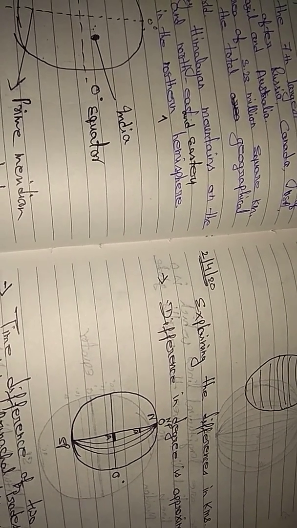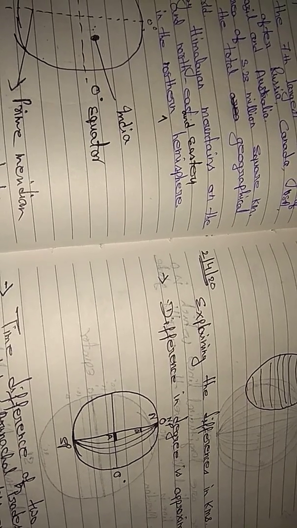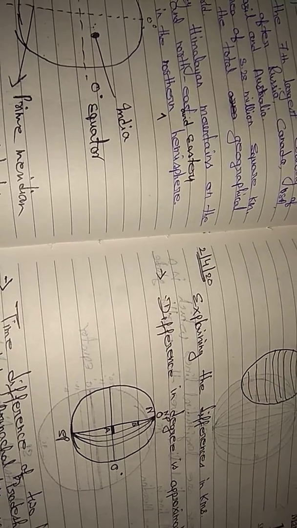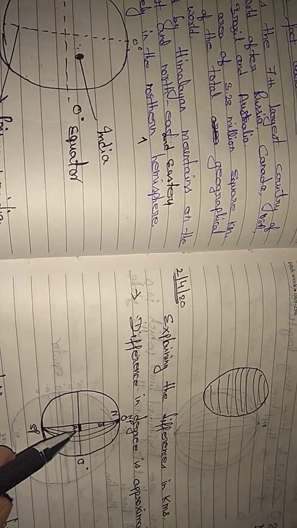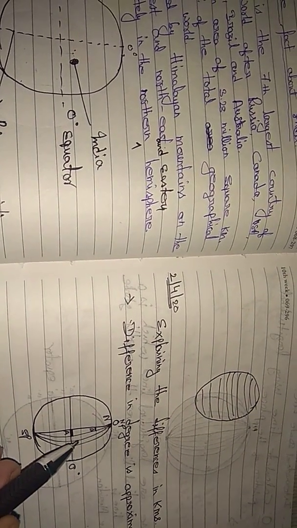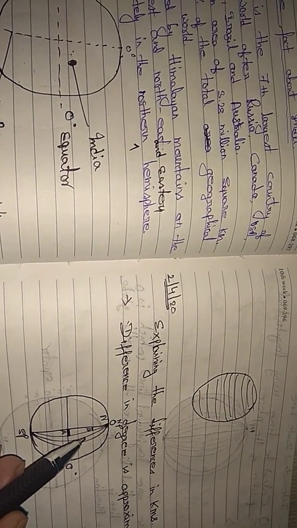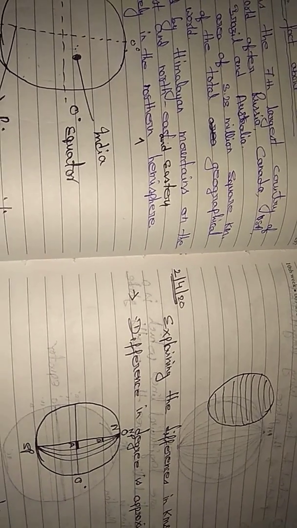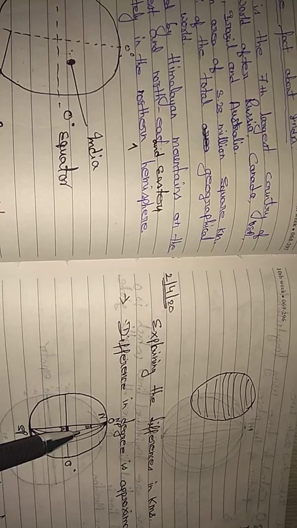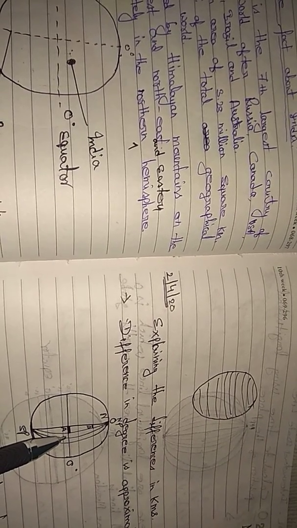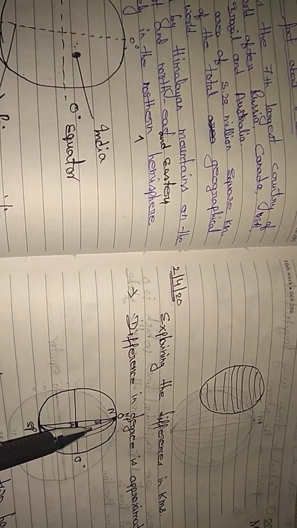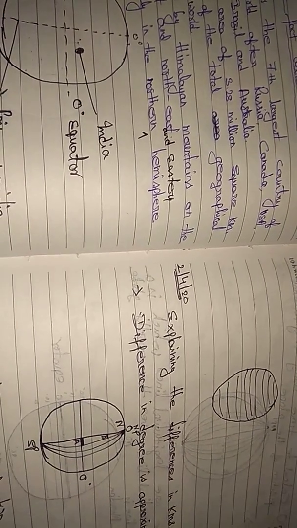It is because the lines of longitude come closer as they move towards the pole. As you see here, if we move towards the pole, the area starts decreasing. A and B are both at the same longitude, but near the polar region, the area becomes smaller.